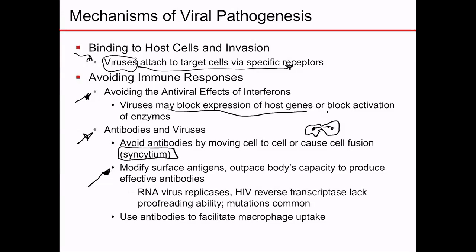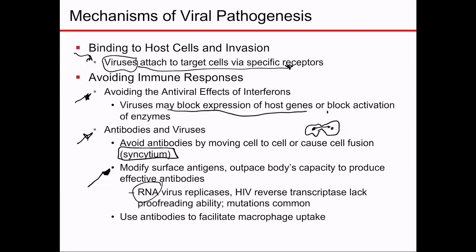The principal mechanisms of antigen variation are point mutations and reassortment of RNA genomes, especially in RNA viruses, like the flu, for example, where you have antigenic drift and antigenic shift. And this is a process that is essential in the spread of influenza virus.